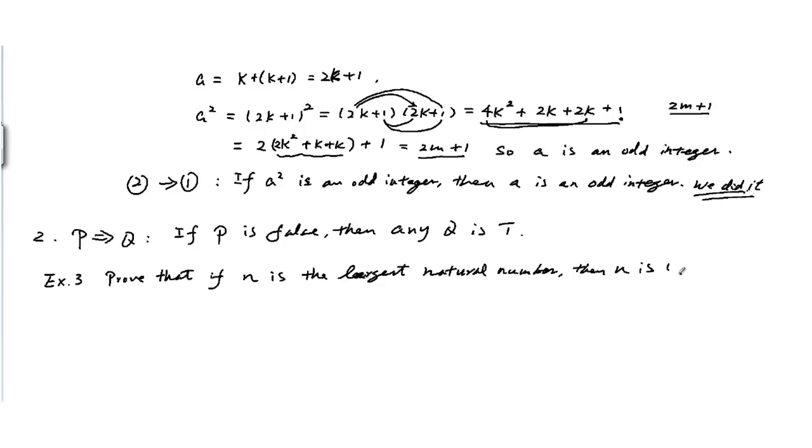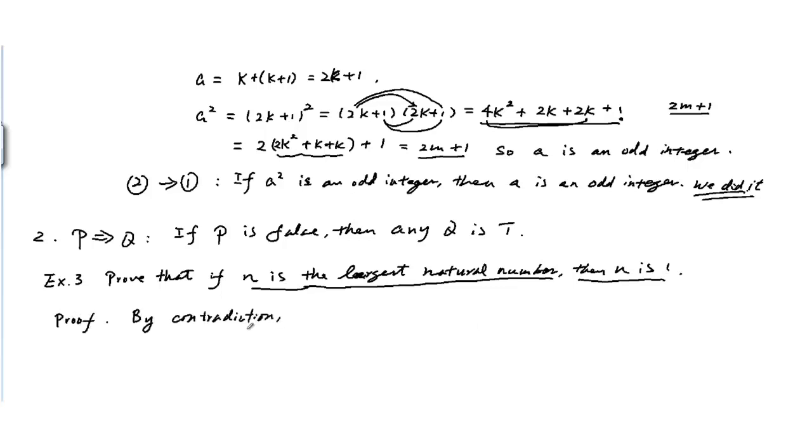You know there's no largest natural number. So this statement, that n is the largest natural number, is actually false. Because this statement is false, any result can be true. Why? Let's prove this.